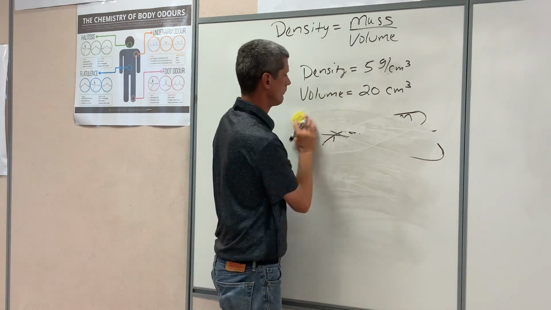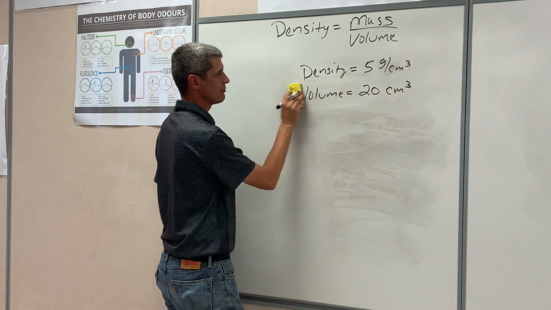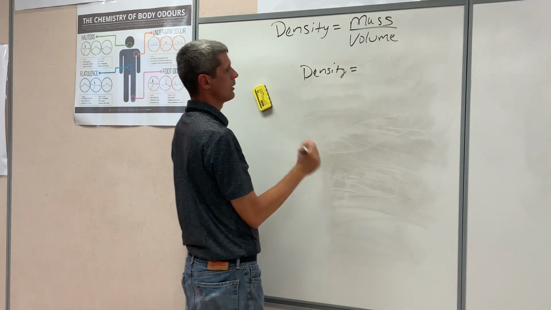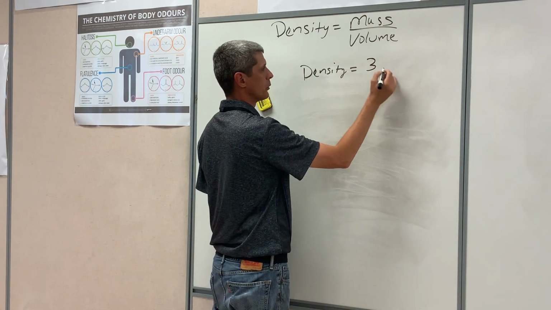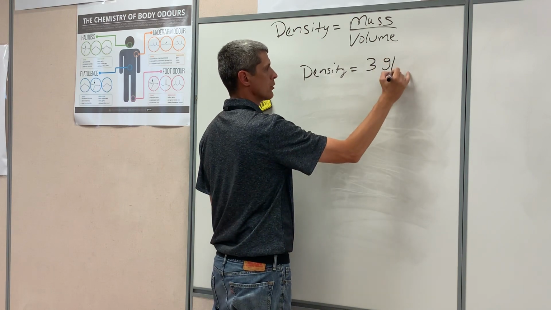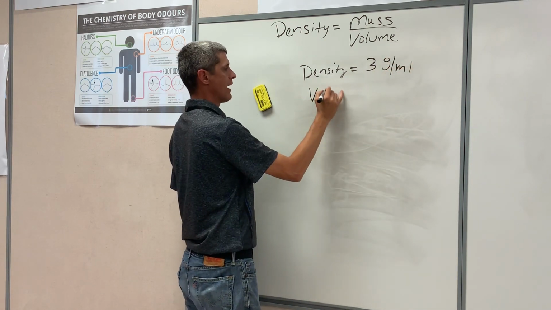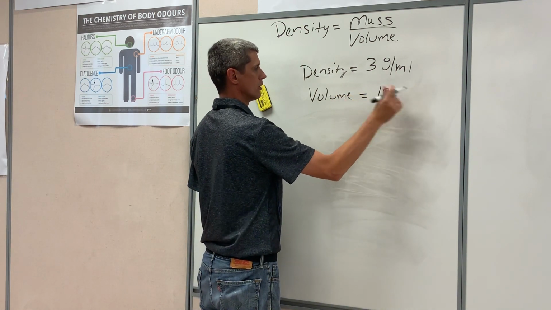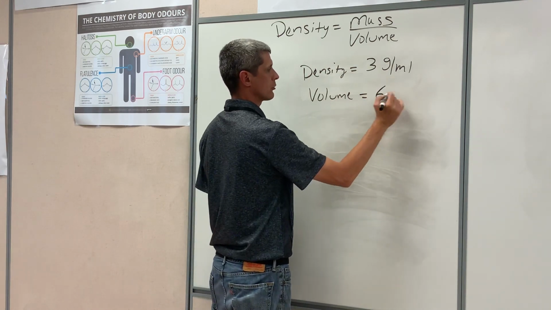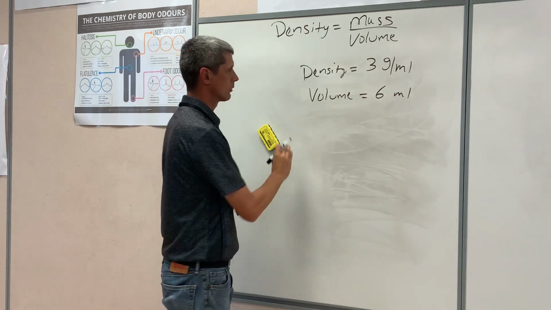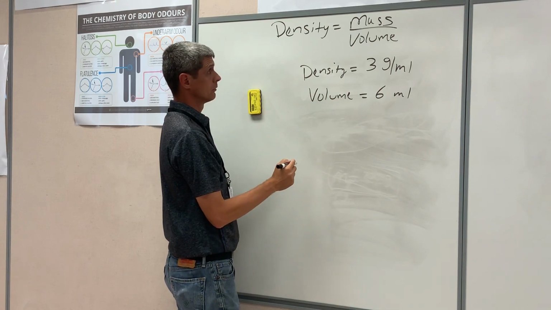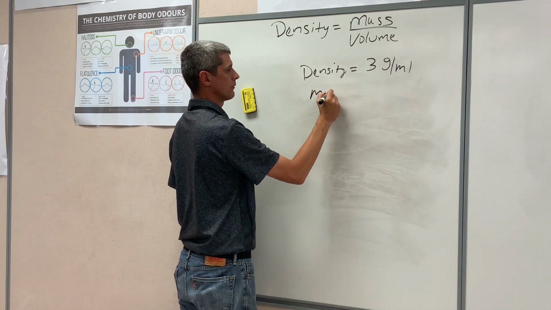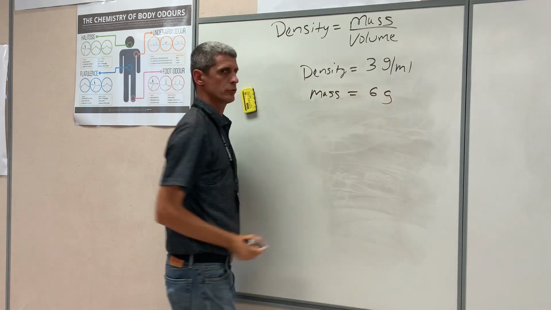Last one, this time I'm missing volume. Let's say we're doing a liquid again this time. So let's say I've got 3 grams per milliliter. And let's say the mass is 6 grams.